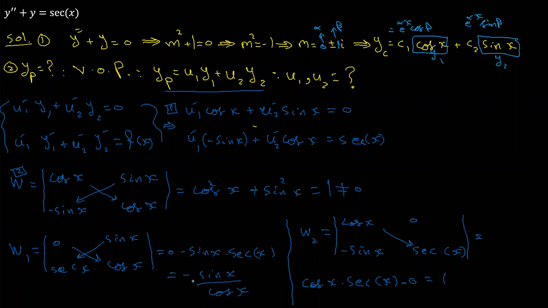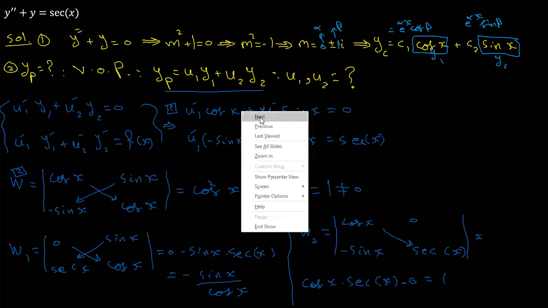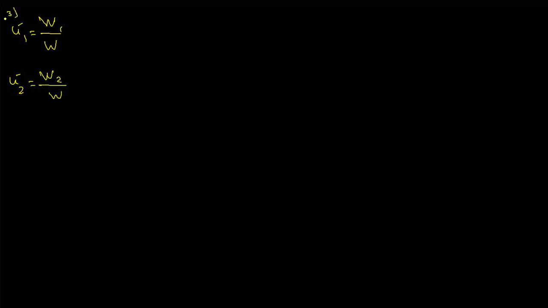Now, after finding those three determinants, I'm going to find u1 prime and u2 prime. So here, let me go back to the yellow. u1 prime equals W1 over W, and u2 prime equals W2 over W. This is the third step of the algebraic system.